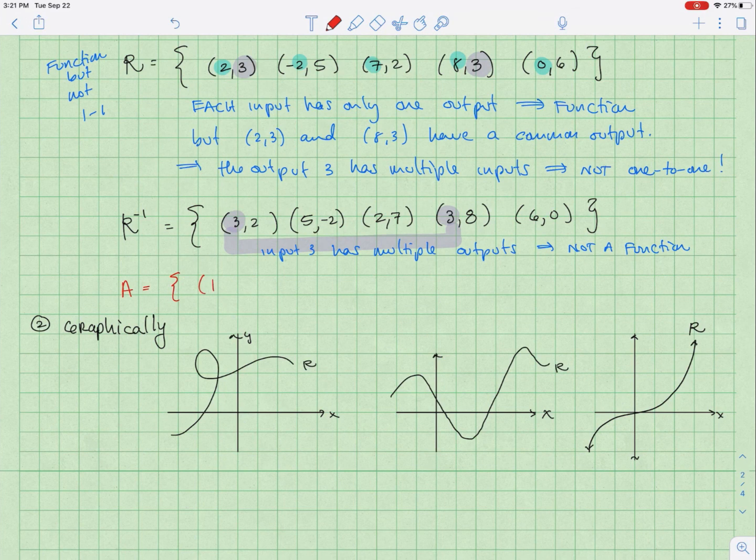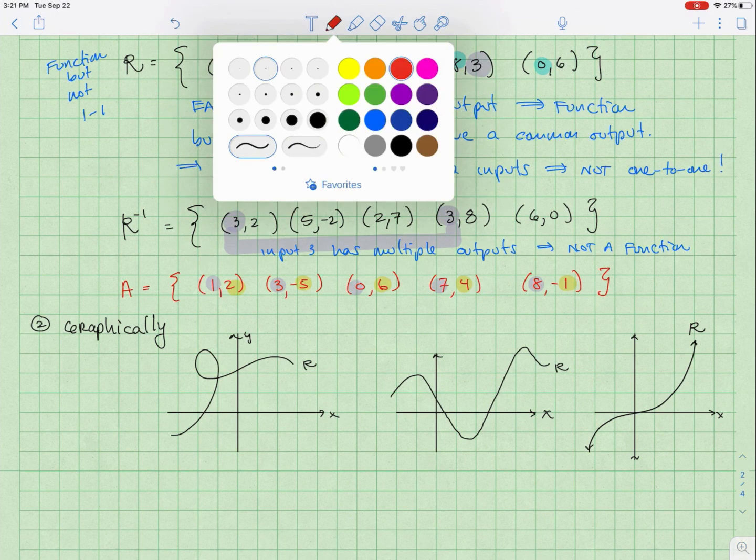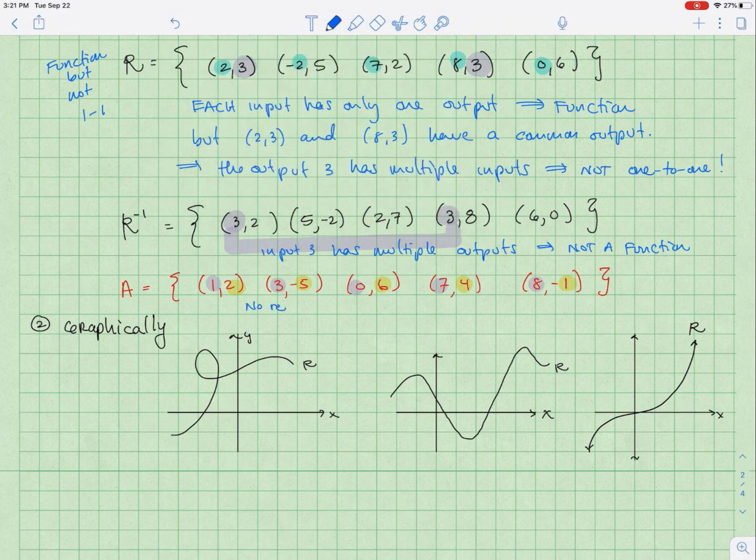A is the collection of ordered pairs 1, 2, 3, -5, 0, 6, 7, 4, 8, -1. Here we have no repeating x values, as well as no repeating y values. So no repeat x or y values.